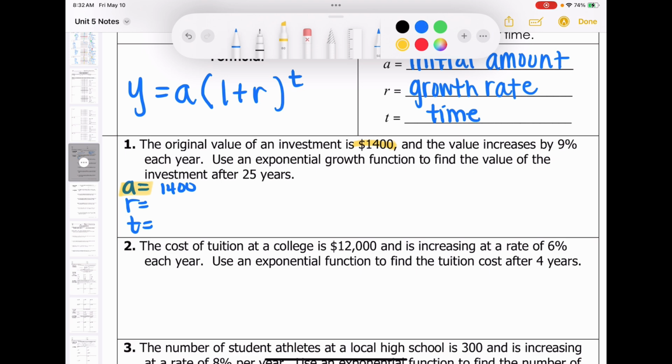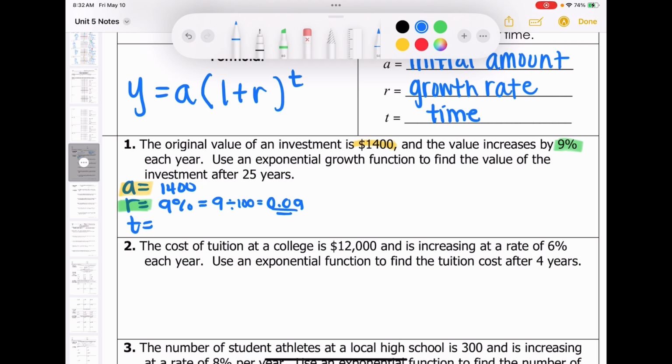All right, our r value is our rate, okay, so that's our percentage, which is 9%. All right, but when we do percentages for the formula, we want them in decimal form. So I'm going to do 9 divided by 100, which gives me 0.09. And this is what we're going to plug in for r in our formula.